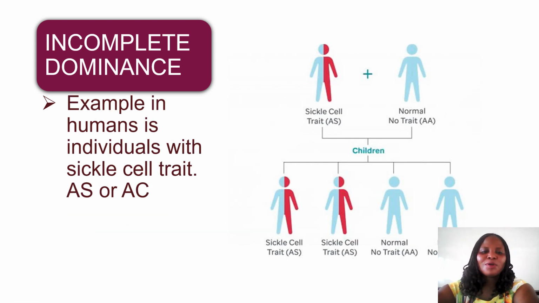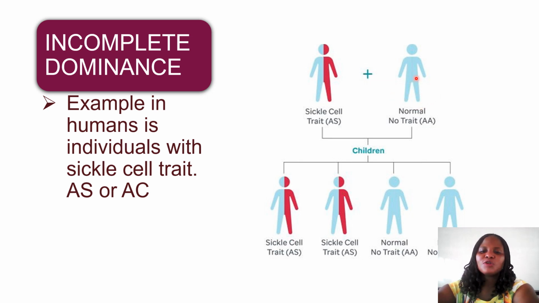So an example of incomplete dominance in humans is an individual with the sickle cell trait. Let's take these two parents. One is carrying the trait for sickle cell, that is AS, and then one is what? A normal person.